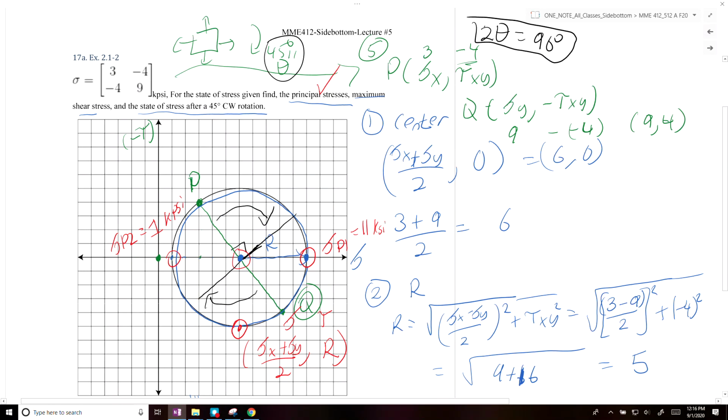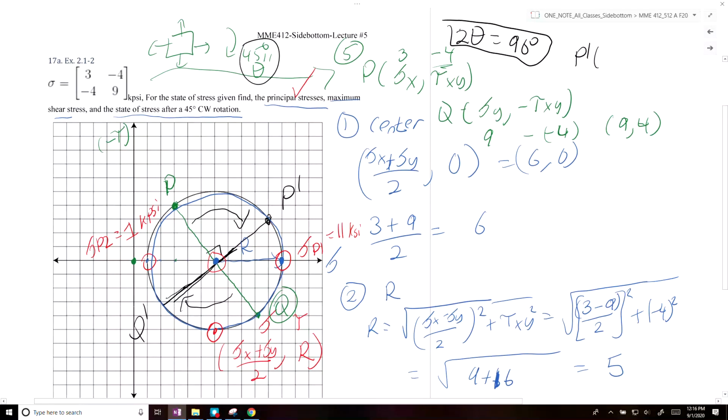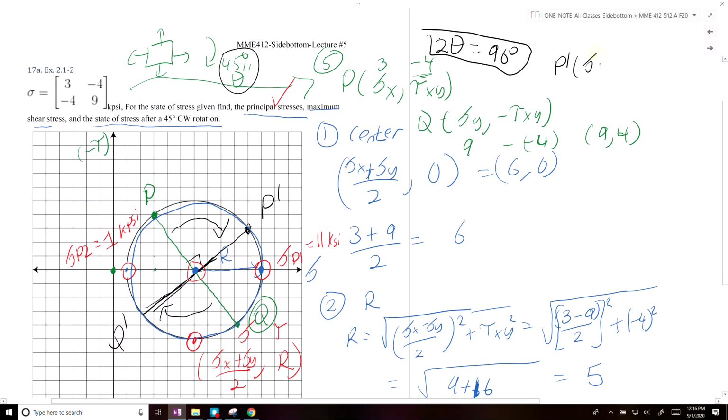We should end up getting our new state of stress, P prime and Q prime. From P prime, we know that that's going to be our sigma x prime and tau x prime y prime. And from Q prime, we could get sigma y prime and minus tau x prime y prime.